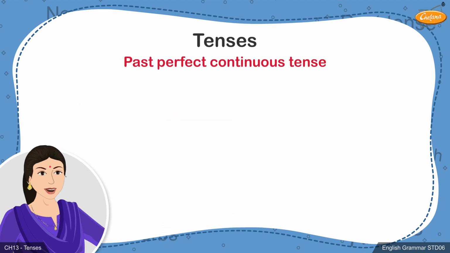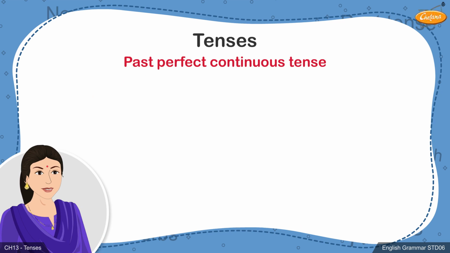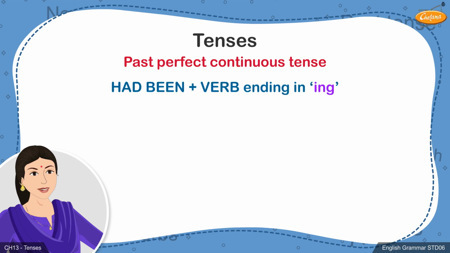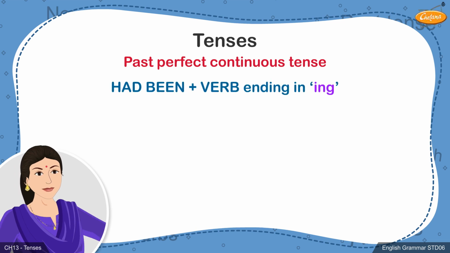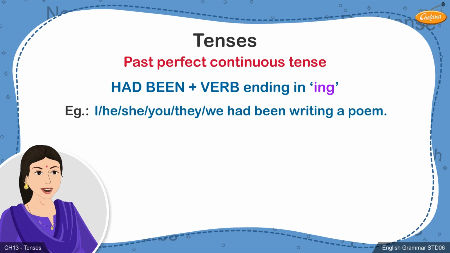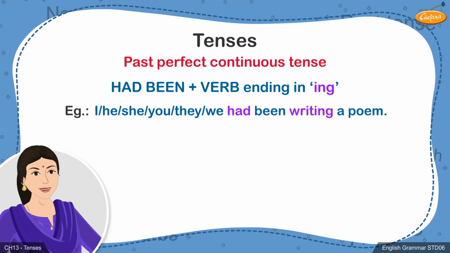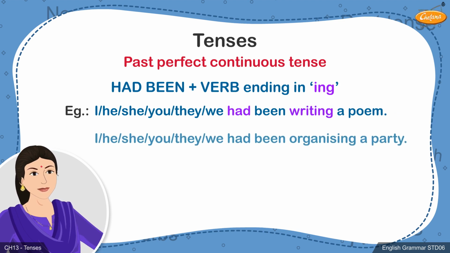Lastly, the past perfect continuous tense will have had and been as the two helping verbs followed by a main verb ending in ing. Had been plus verb ending in ing. For example, I or he or she or you or they or we had been writing a poem.